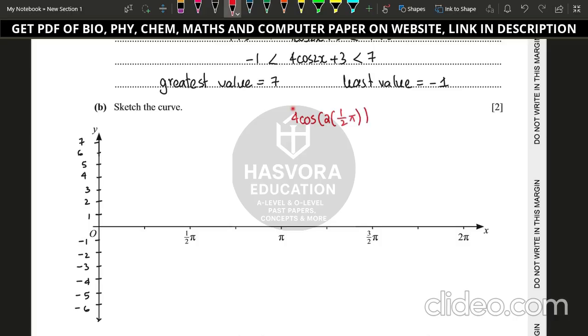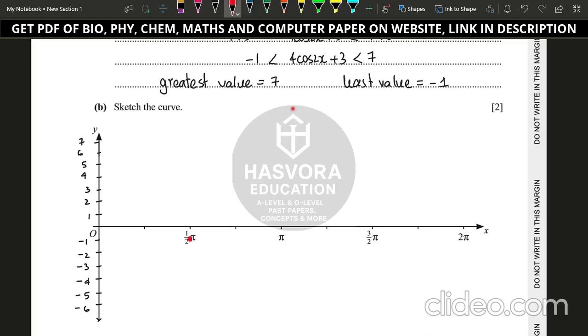It is going to give you the value of 0 if it was just cos. But now it is 4 cos 2x plus 3, so it is going to give you the least value, which is minus 1. So this is the point of minus 1 at half pi.